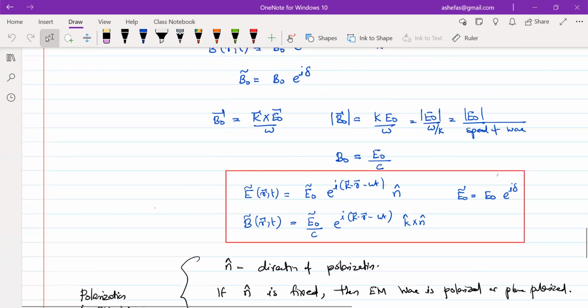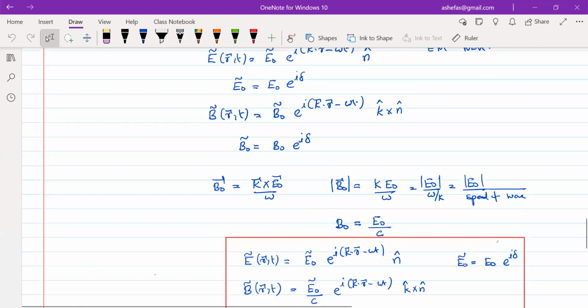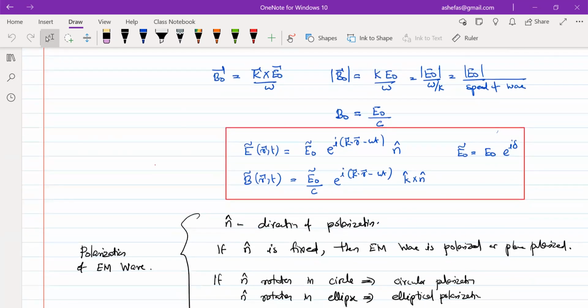We have also shown that the phases of the electric field and magnetic field are the same, that is, delta E and delta B are the same, and we can mathematically represent the electric field and magnetic field in this way. Their amplitudes are interconnected: the magnetic field amplitude is 1 by c times the electric field amplitude, and the direction of the magnetic field is k cross the direction of the electric field.